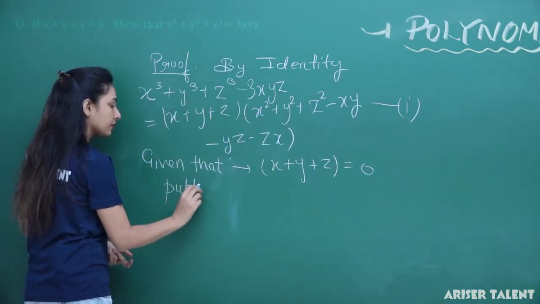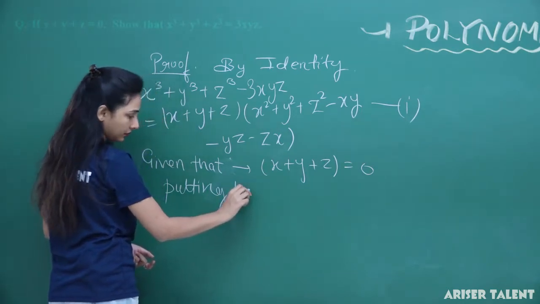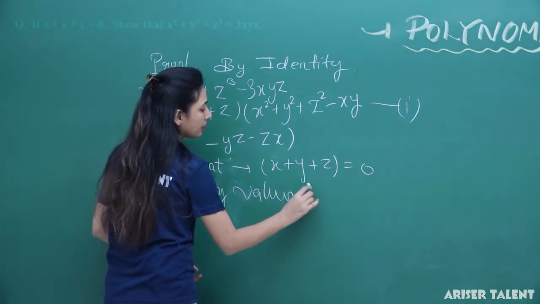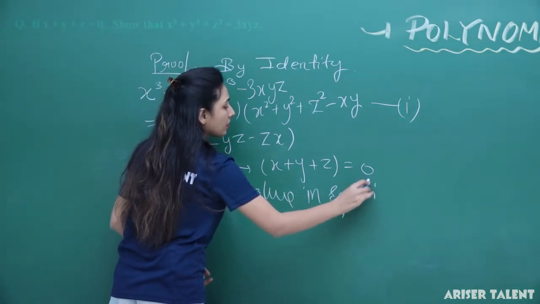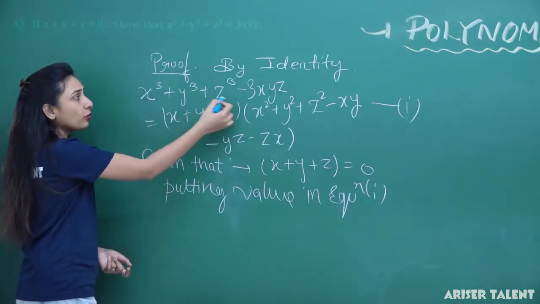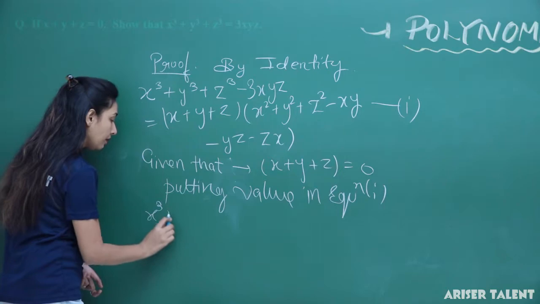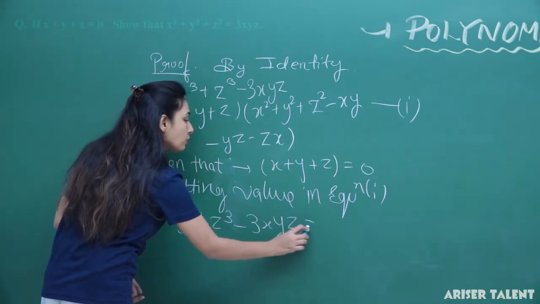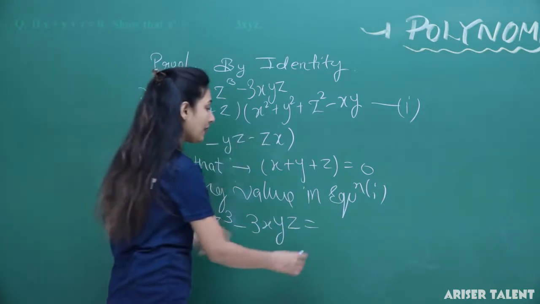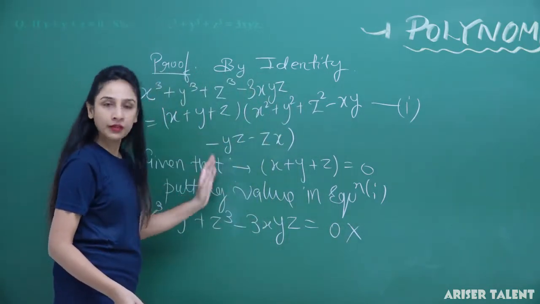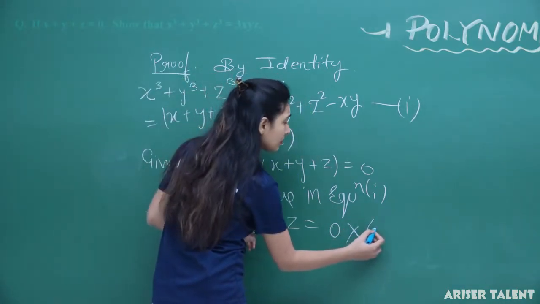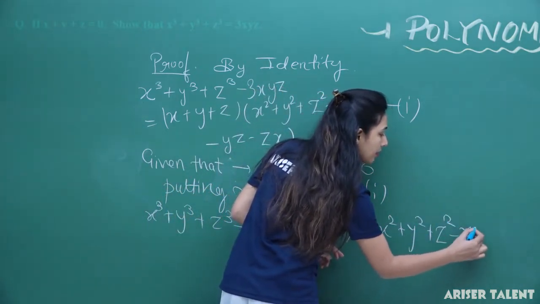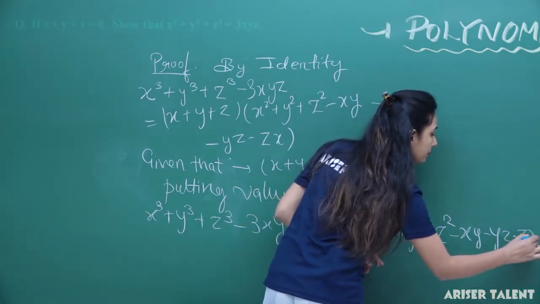Putting value in equation 1, what you will get, x cube plus y cube plus z cube minus 3xyz is equals to what? 0 multiplied by, you can write this something or just you can only write 0, but we are writing the complete thing here, minus yz minus zx.